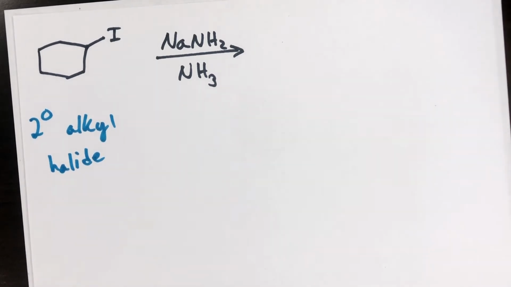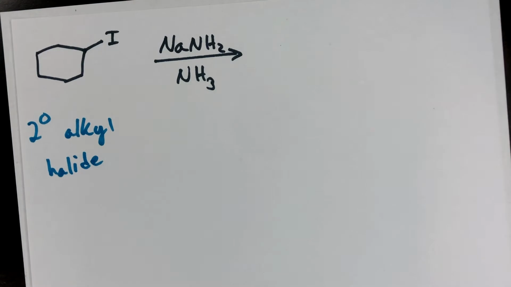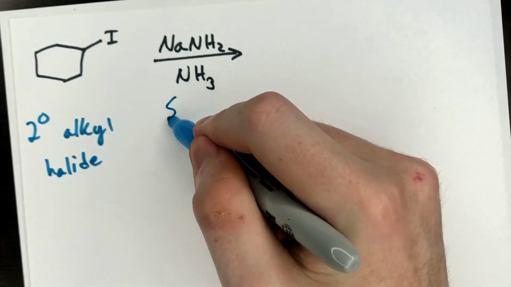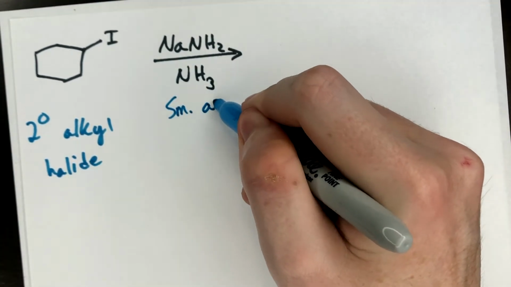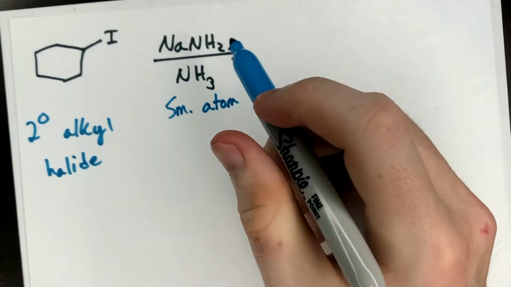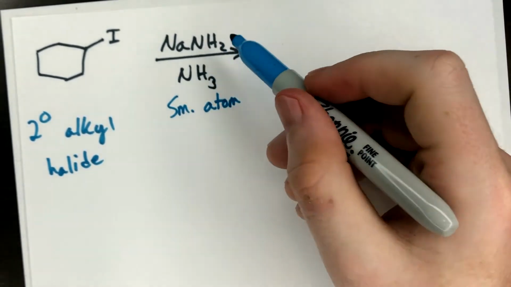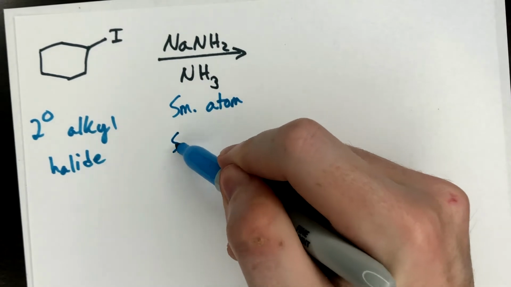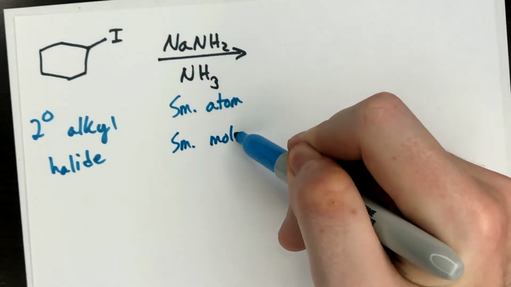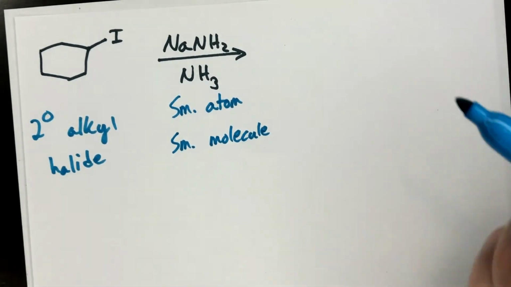So we have a nitrogen as our reactive center. That is a small atom, which suggests base. And NH2, it's only substituted by hydrogen, so that makes it a small molecule, which is suggestive of a nucleophile.